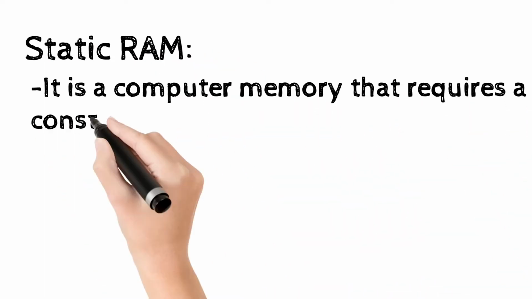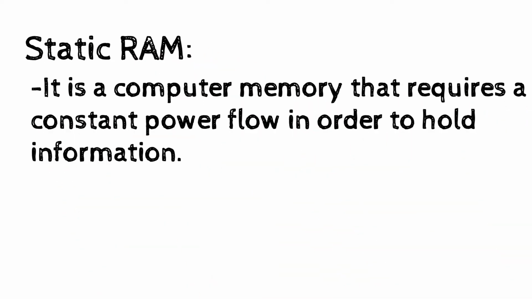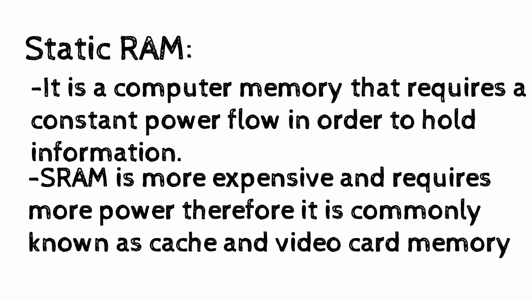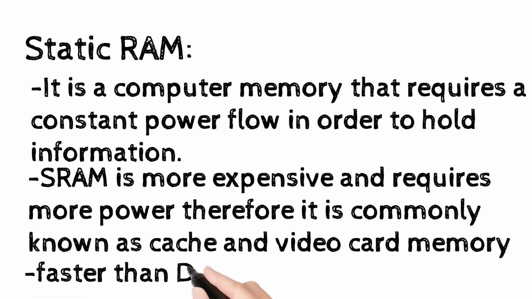Static RAM. It is a computer memory that requires a constant power flow in order to hold information. SRAM is more expensive and requires more power. Therefore, it is commonly known as cache and video card memory. It is faster than DRAM, that is dynamic RAM.